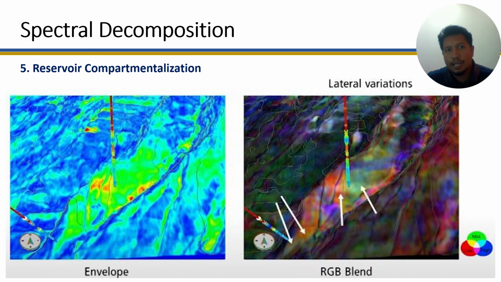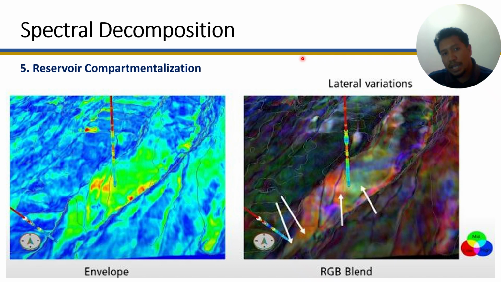So finally, I want to look at reservoir compartmentalization and how these techniques can be used to look at lateral variability within your reservoir. This is very good in development situations when you are trying to produce from your reservoir, and you want to understand any kind of barriers that you may have, or any factor affecting fluid flow.